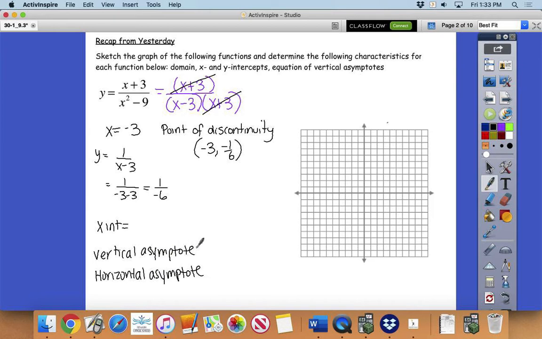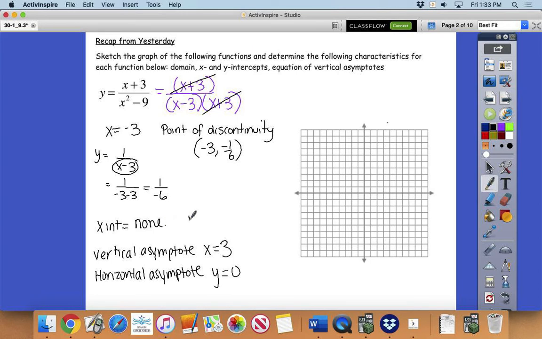So there's a vertical asymptote at x equals +3, because that's what's left. So if we look at this value here, the non-permissible value is 3, so there's a vertical asymptote at x equals 3. There's a horizontal asymptote at y equals 0, which means that there's no x-intercepts. So there's no x-intercepts, which is why I wanted to find the horizontal asymptote first.